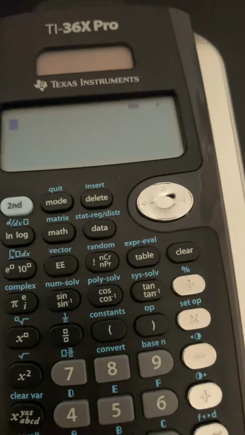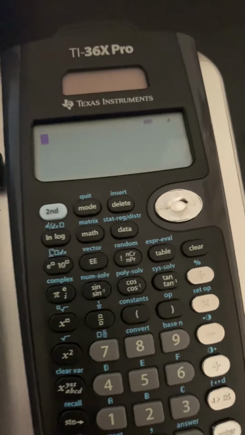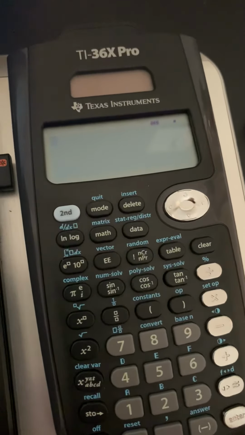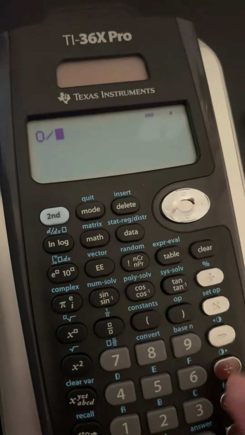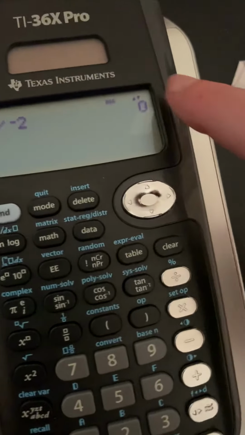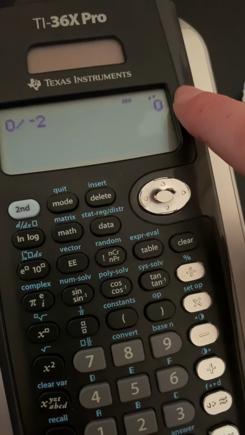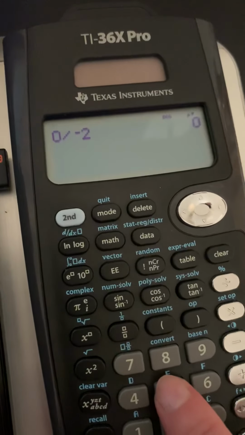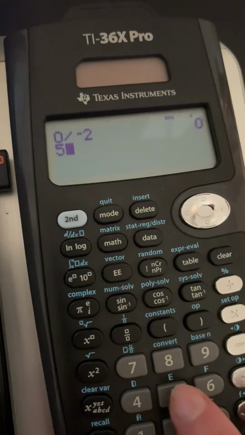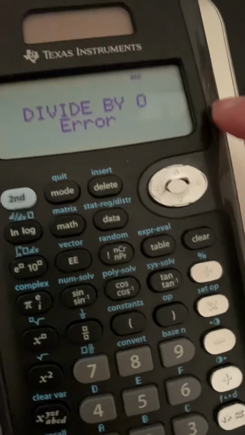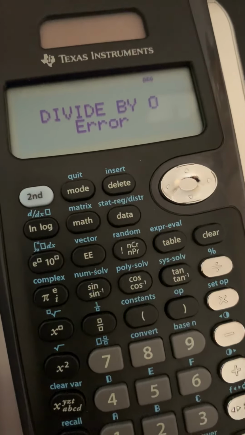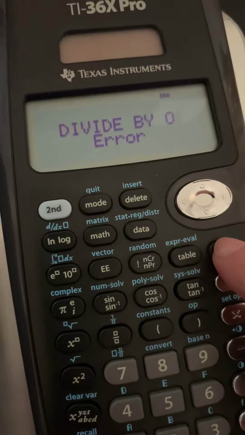And just an easy way to figure that out, if you forget or if you haven't memorized that, is try it in your calculator. If you were to do 0 divided by -2, you would get 0, so your slope is 0. But if I was to do something with 0 on the denominator, such as 5 divided by 0, I'm going to get an error in my calculator, which means that that slope is undefined.